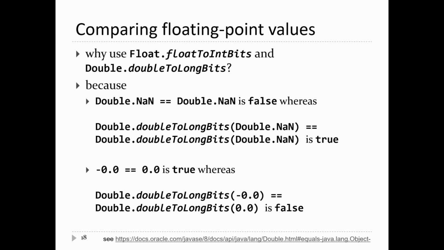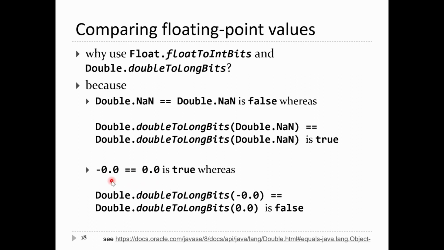To be consistent with the standard library, you have to deal with the fact that -0 is equal to 0 in floating point. That's true in floating point, which kind of makes sense mathematically. Unfortunately, the standard library doesn't treat these two as being equal. It says that -0 is less than 0. The reason is that if you sort a list of double values, you want the negative values to appear before the positive values, so these can't be numerically equal.